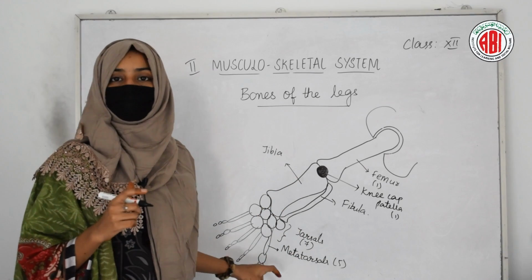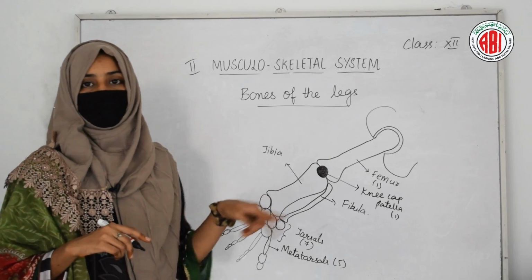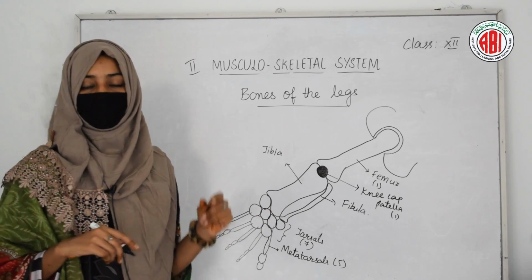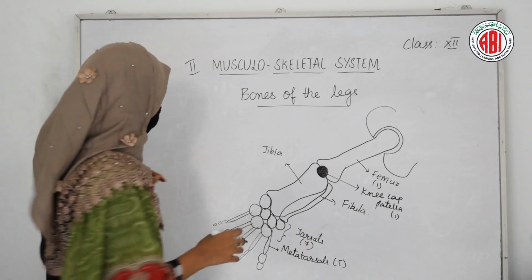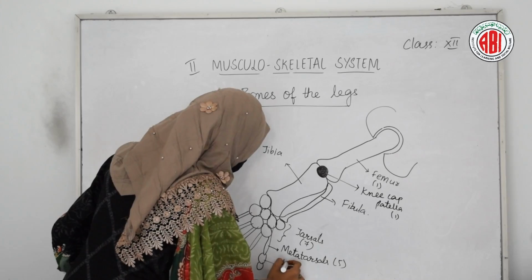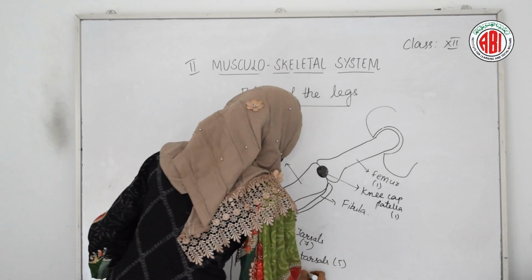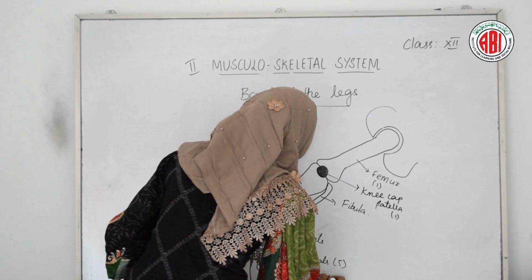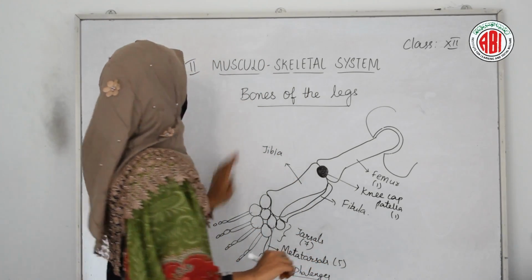Likewise in the toes, you can see the presence of 2 bones in the big toe, and 3 bones are present in each of the other toes. So in total again 14 digits we can say, we can call these 14 phalanges.